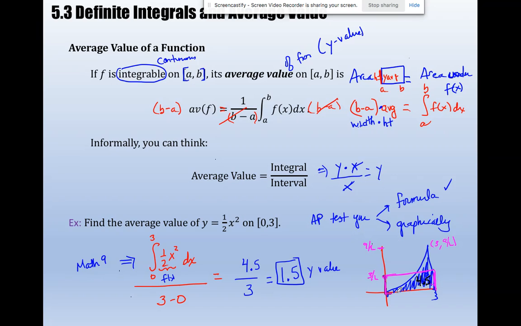Look at that rectangle: the area of the rectangle whose width is b minus a and whose height is the y average. The area of that purple rectangle is equal to the area under the curve.